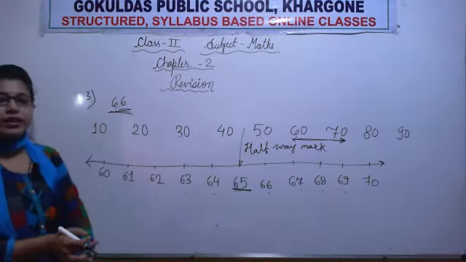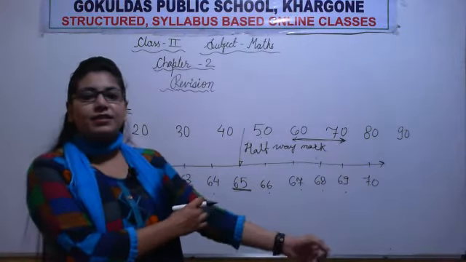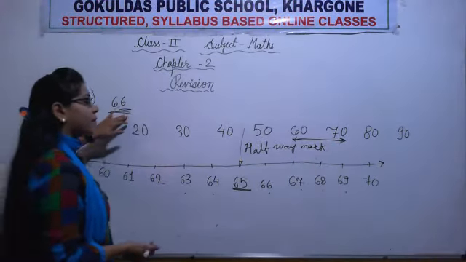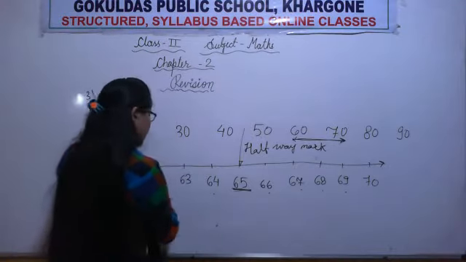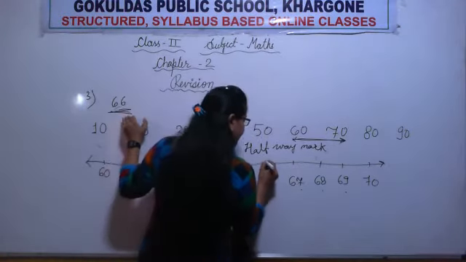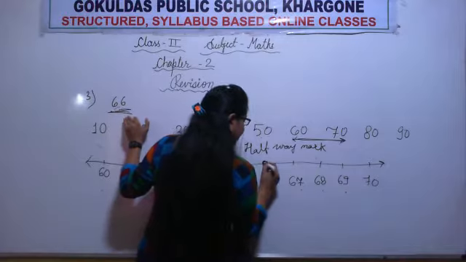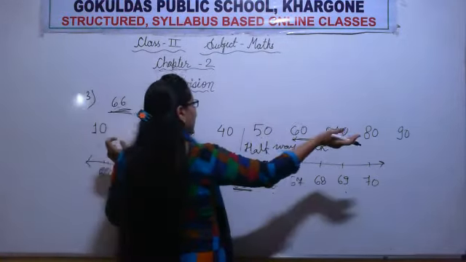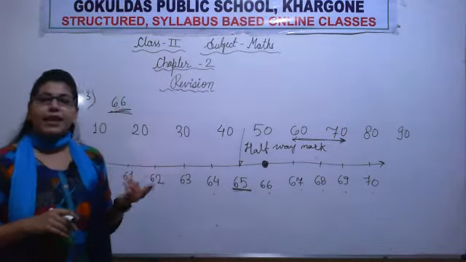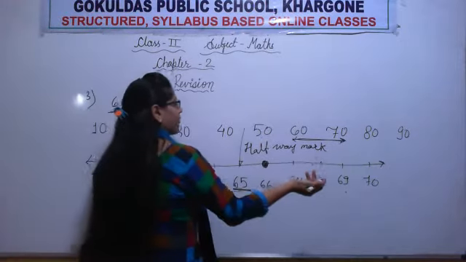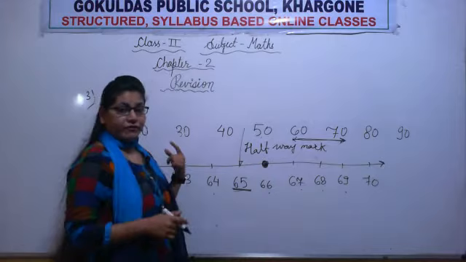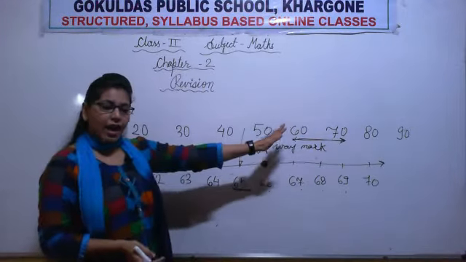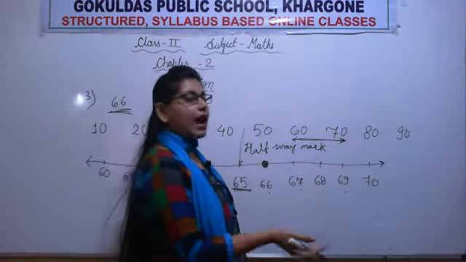Now, what is the next step? The next step is marking the given number. So, 66 is the given number. Let's mark it. Where is 66? Yes, here is 66. Now, the number is to the right of the half-way mark, so we will round up.